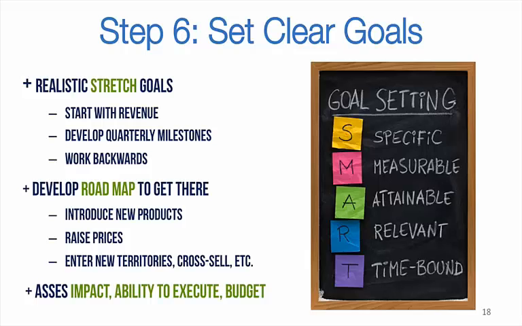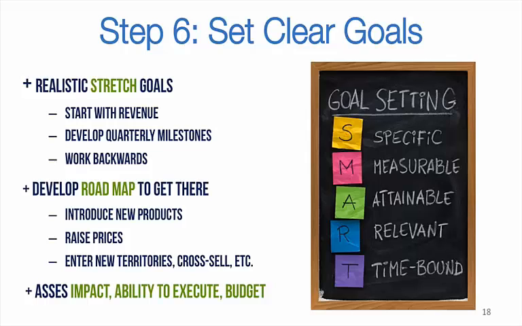And then develop quarterly milestones and start working your way backwards from that ultimate number. So let's say it's 1.5 million a year from now, and I'm at 1 million now. So maybe I want to be at 1.4 million by the start of the fourth quarter, 1.3 million by the start of the third quarter, excuse me, 1 million by the start of the second quarter.